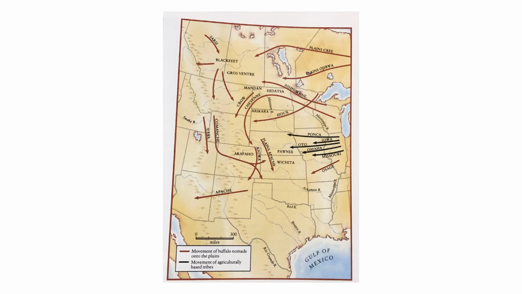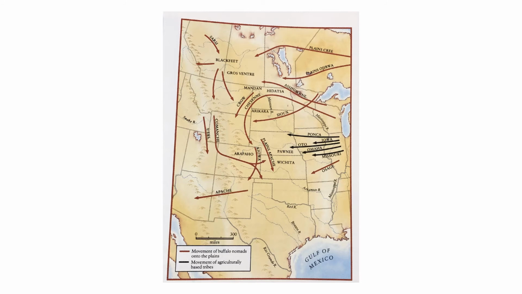You'll notice there's one particular group here, the Apache, that don't move onto the plains. They actually move off of the plains, and that's because they were there on the edge of the Great Plains. Some small groups of Apaches remained on the plains, but most of them were driven out by the Comanches when they arrived.